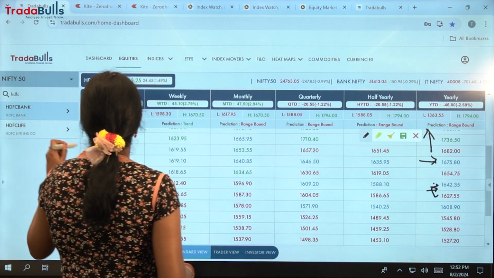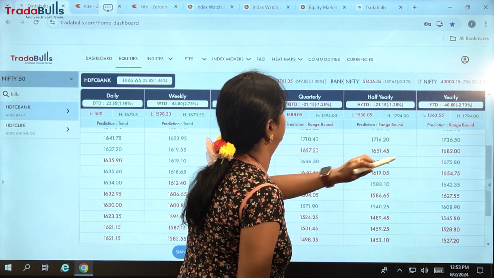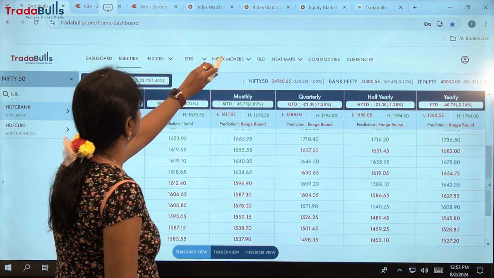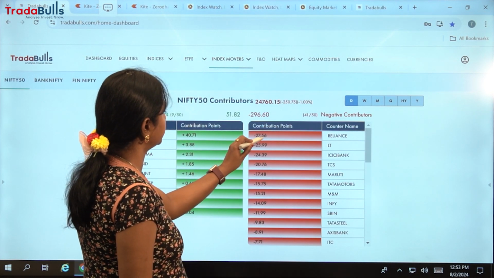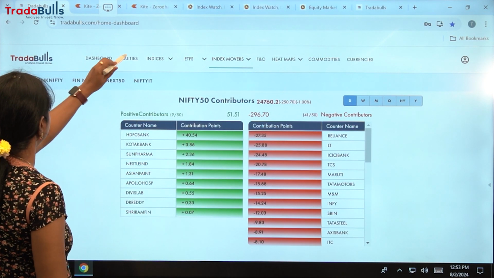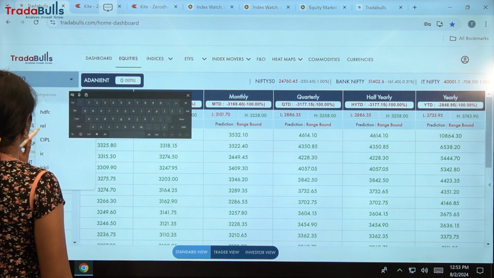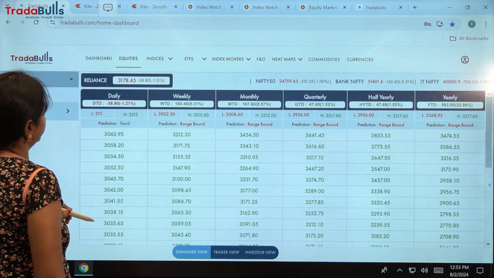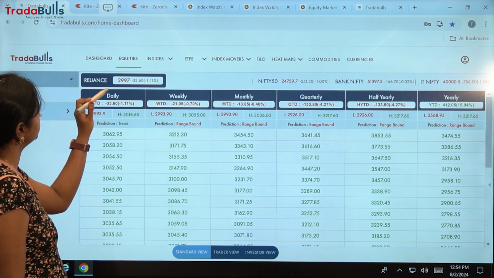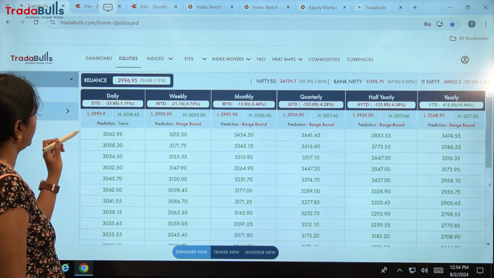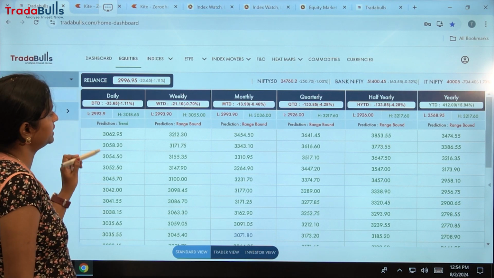Now let's take Reliance as an example, because in index movers today's negative contribution is Reliance. Let's take Reliance in the equities page and search for it. In Reliance, today's market price is 2997 and the low is 2993.